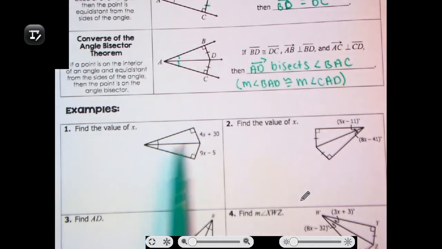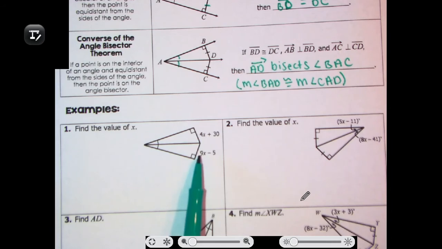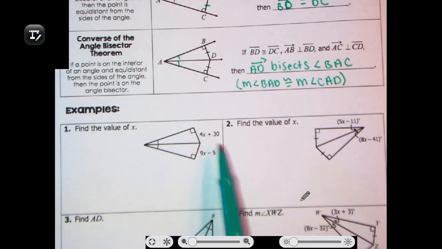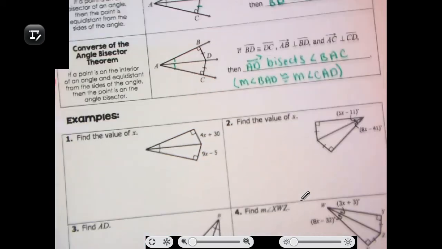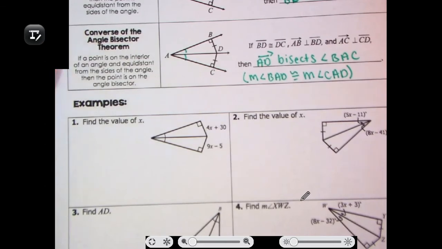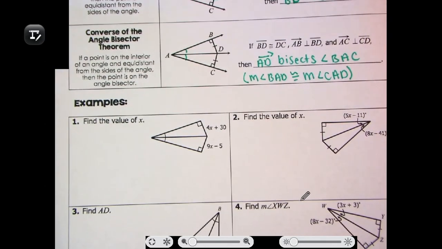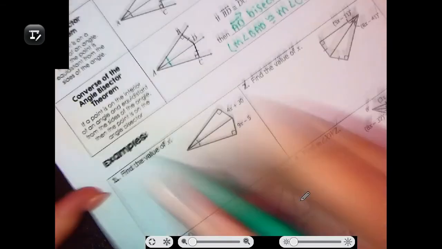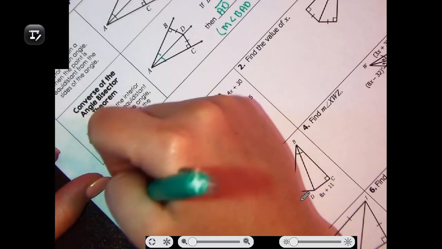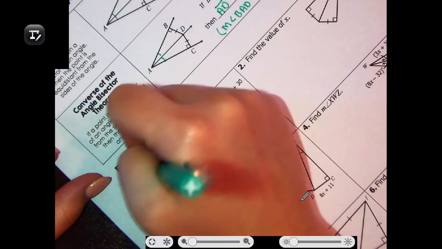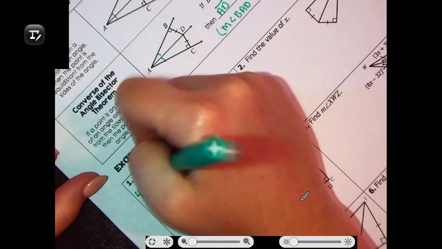I have an angle bisector right here. I have these perpendicular segments, which then means that these two, as stated in the angle bisector theorem, are equal to each other. So I'm going to set them equal to each other and solve for x, since they just asked to find the value of x. So I'm going to say 4x plus 30 equals 9x minus 5, and go ahead and solve that.